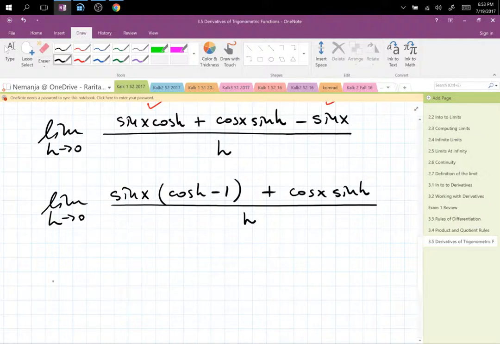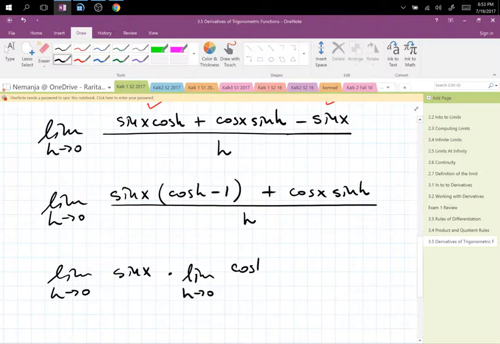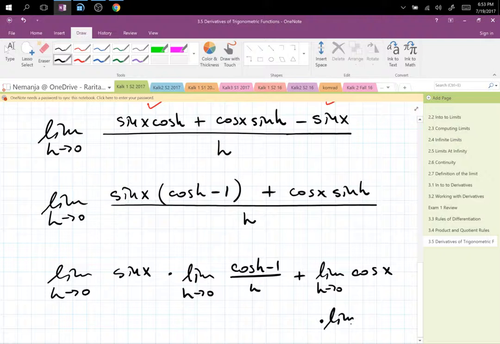So I'm going to have the limit as h goes to 0 of sine x, times the limit as h goes to 0 of (cosine h minus 1) over h, plus the limit as h goes to 0 of cosine x, times the limit as h goes to 0 of sine h over h.